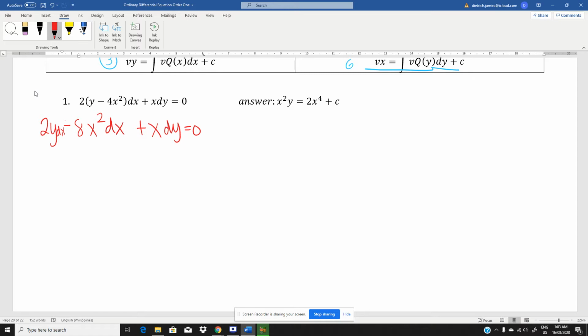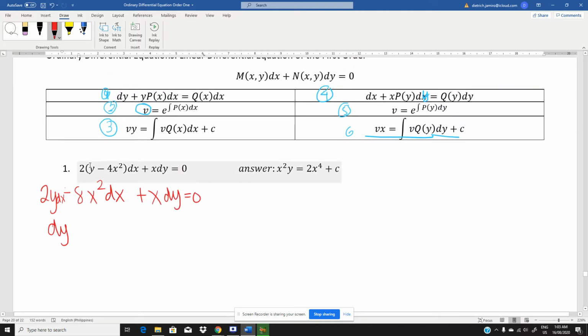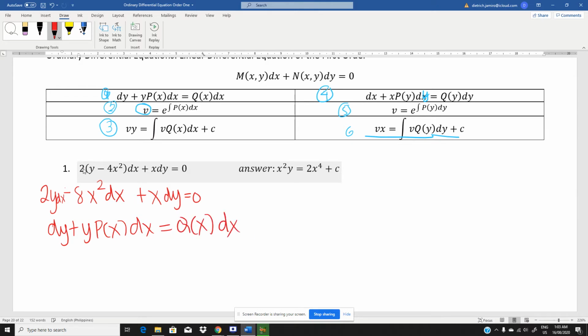And then I'll just transpose this into this formula: dy plus y times p of x dx is equal to q of x dx.